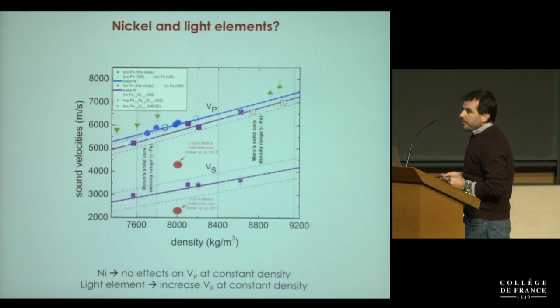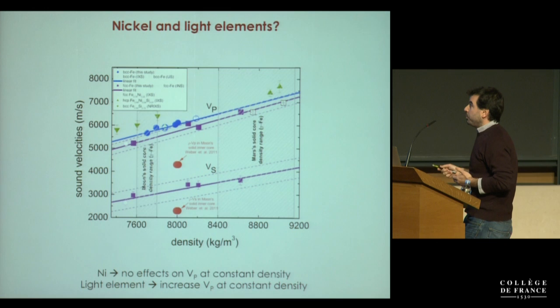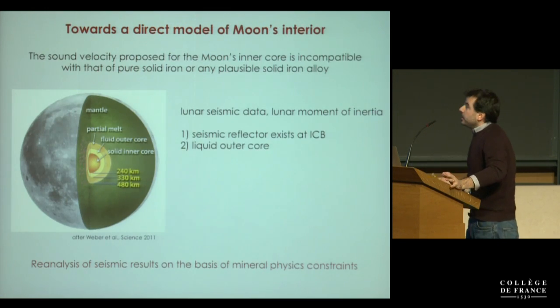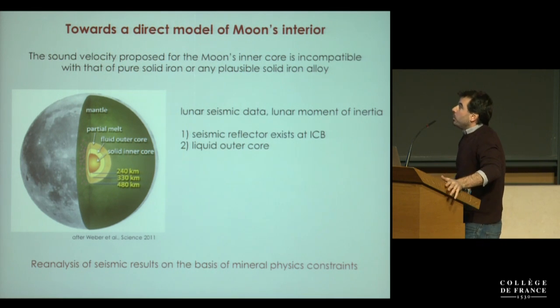But looking at velocity versus density, for instance, here is the case for some silicon inclusion in the FCC phase or the BCC phase, the effect, even for small inclusion, is rather to increase the velocity with respect to pure iron, not the other way. So I think that the sound velocity proposed for the Moon's inner core is incompatible with that of pure solid iron or any plausible solid iron alloy.